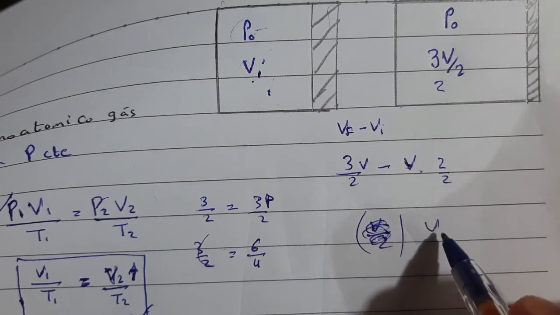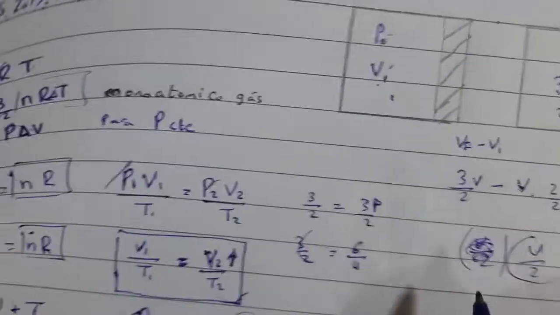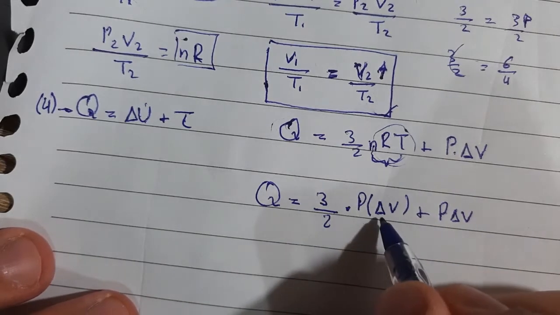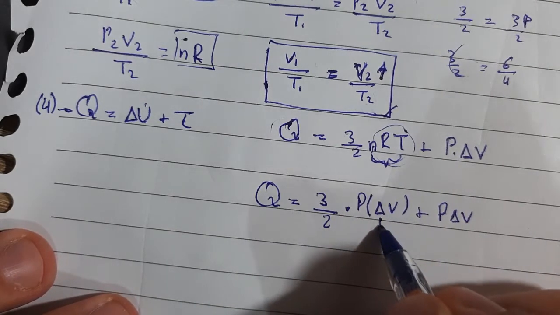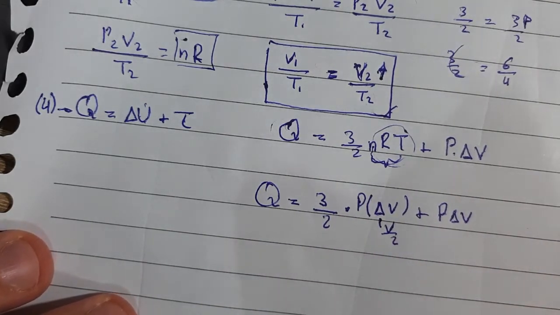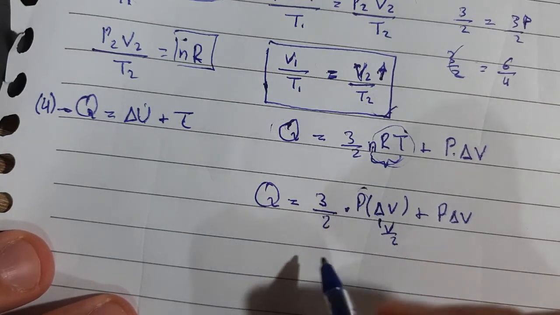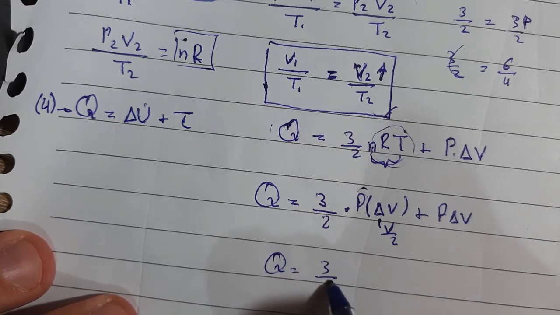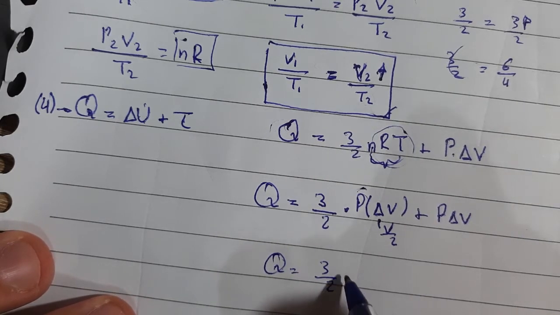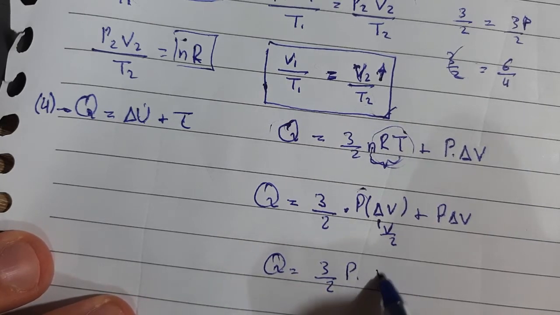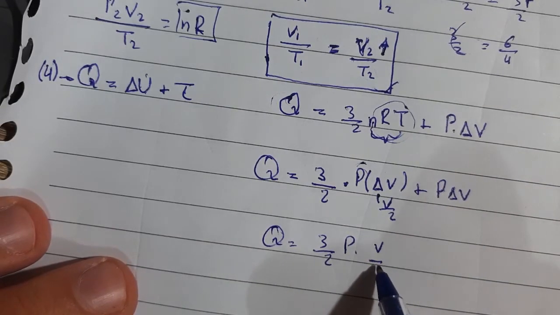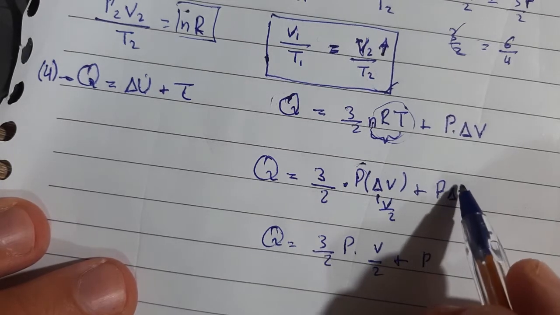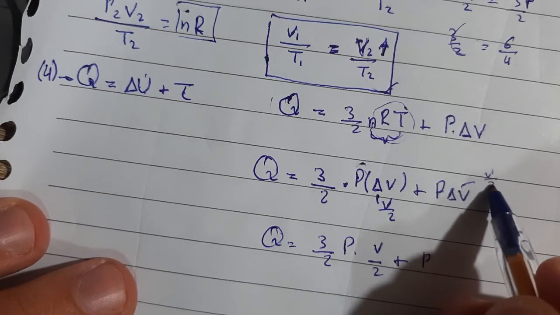And we will use what we just found over here: V divided by 2. So the heat is equal to 3 divided by 2 times pressure times V divided by 2, plus P times V divided by 2. Remember, this one is V divided by 2.